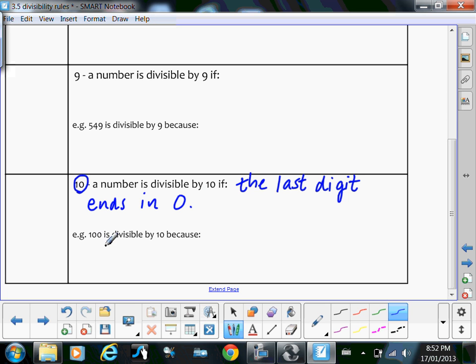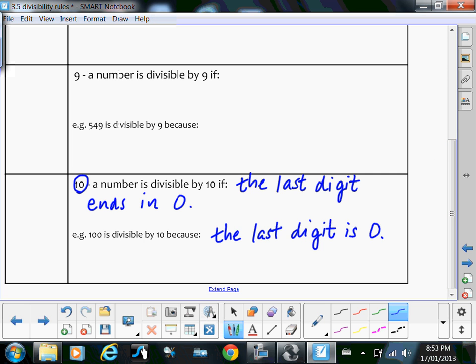So again, in the example, the number 100 is divisible by 10 because the last digit is 0. Okay, so those are two divisibility rules already: the rule for 2 and the rule for 10.